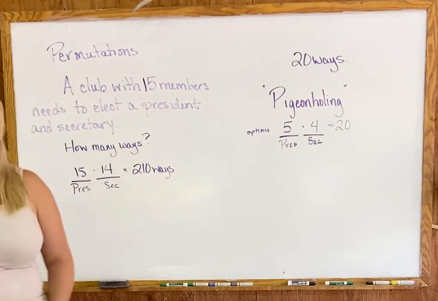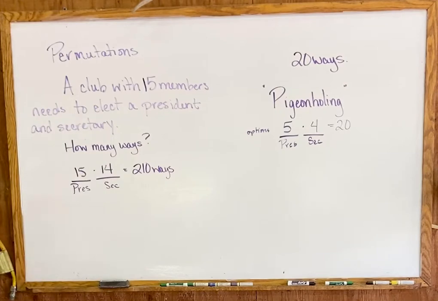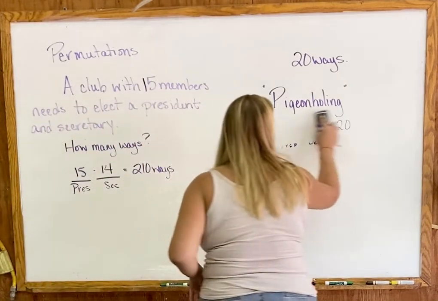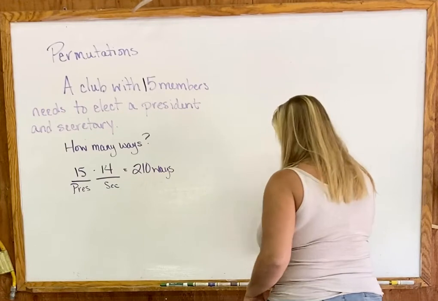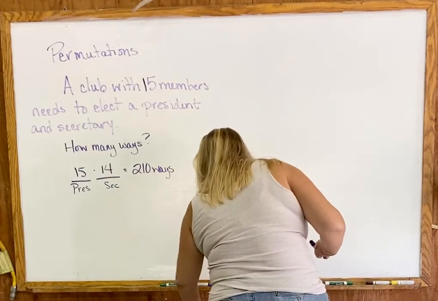So there are 210 ways to elect a president and a secretary if you have 15 members. So notice how fast that grows. I mean, there's no way I wanted to list those. That would have been a real big pain in the butt. Okay. All right. So let's do one more.